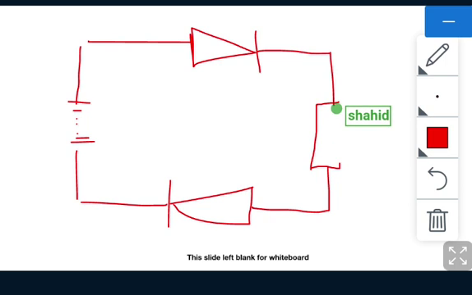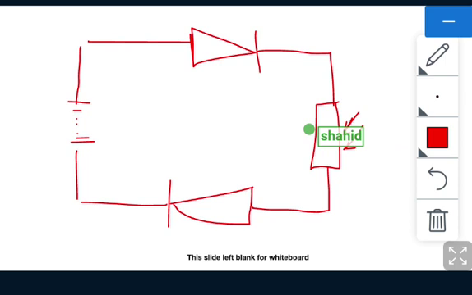Then would that change anything about the circuit, like its LEDs being lit?